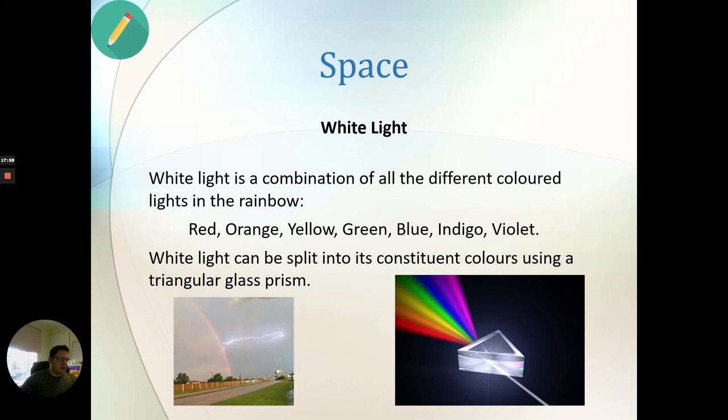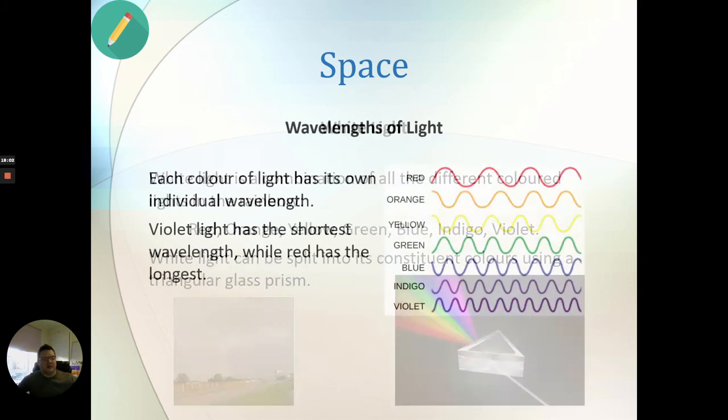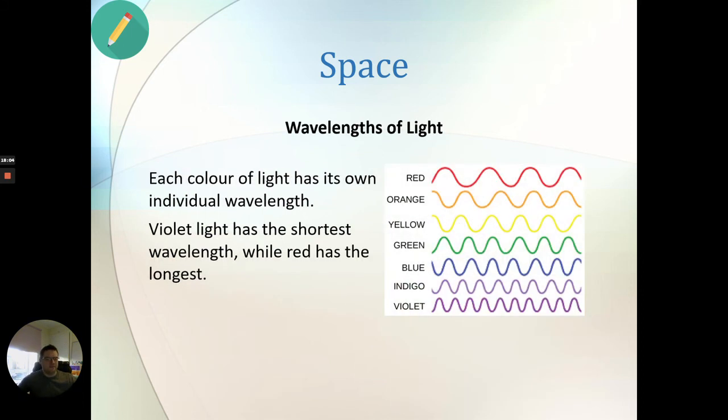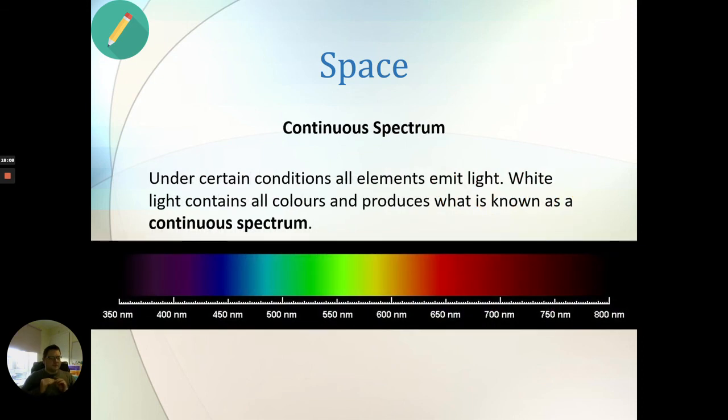But the idea is that every single colour of light has its own wavelength. Violet's got the shortest, red's got the longest. And what we can do is, if we have a look at all of light, it's got this continuous spectrum. So white light can be split into all these different colours.